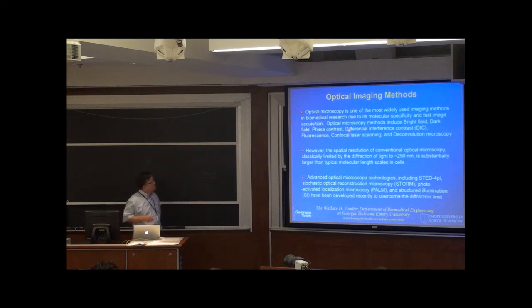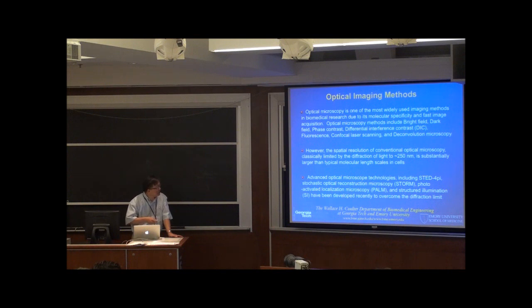So that's why if you do cellular imaging, because of the spatial resolution, it could give you very detailed information of a cell, okay? It is still not at the single molecule scale, because typically a protein has a size of roughly 10 nanometers, right?